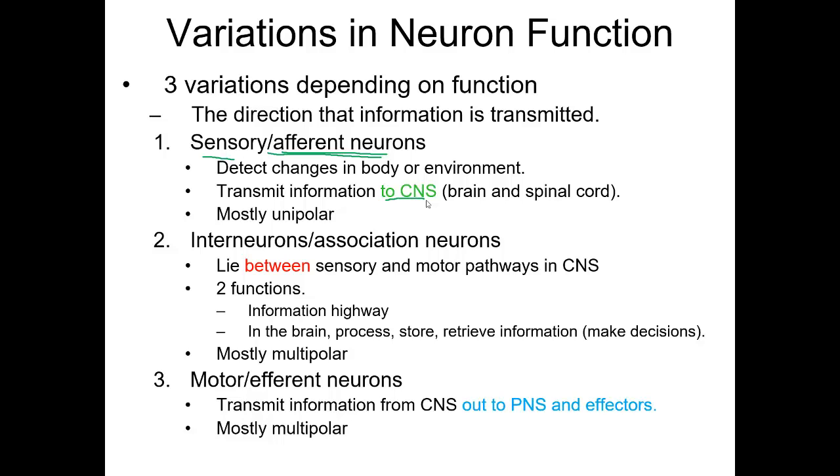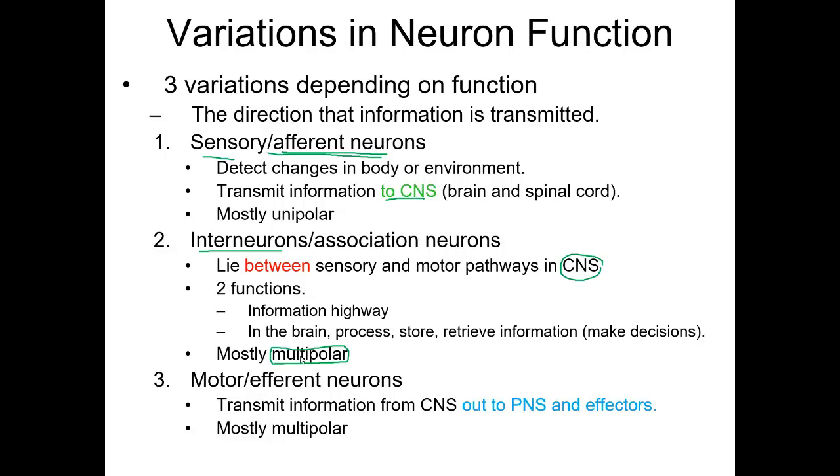Now, any neuron that is present only in the central nervous system, so a neuron that is part of only the spinal cord or the brain, is called an interneuron. Now, this neuron, an interneuron, is almost always multipolar. So it has several dendrites and axon terminals.